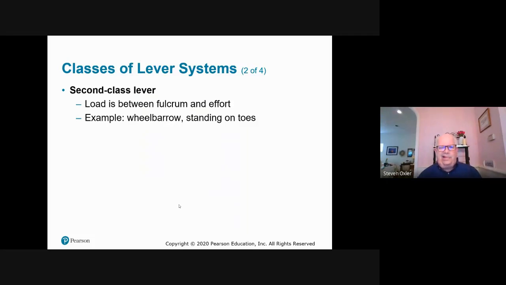In a second class lever, the load is between the fulcrum and the effort. This is like a wheelbarrow. In the body, it's like standing on your toes.